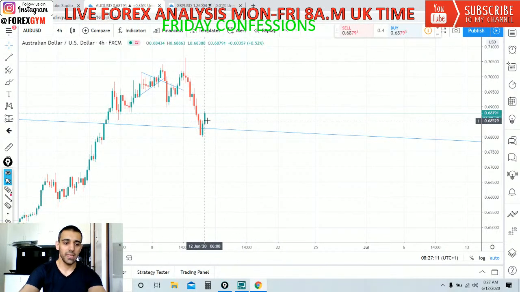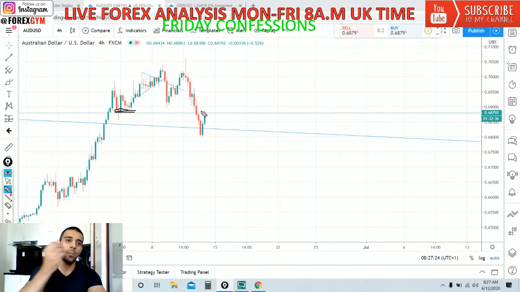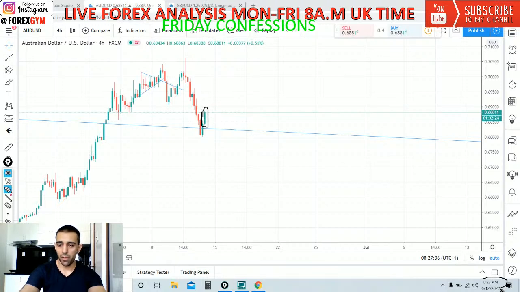In this case, I want to put a sort of safety barrier, as I call it. The price came up to this 4-hourly resistance level, these 4-hourly lows up here. I want to wait for this 4-hourly candle to close, and we have about 1.5 hours before it closes.